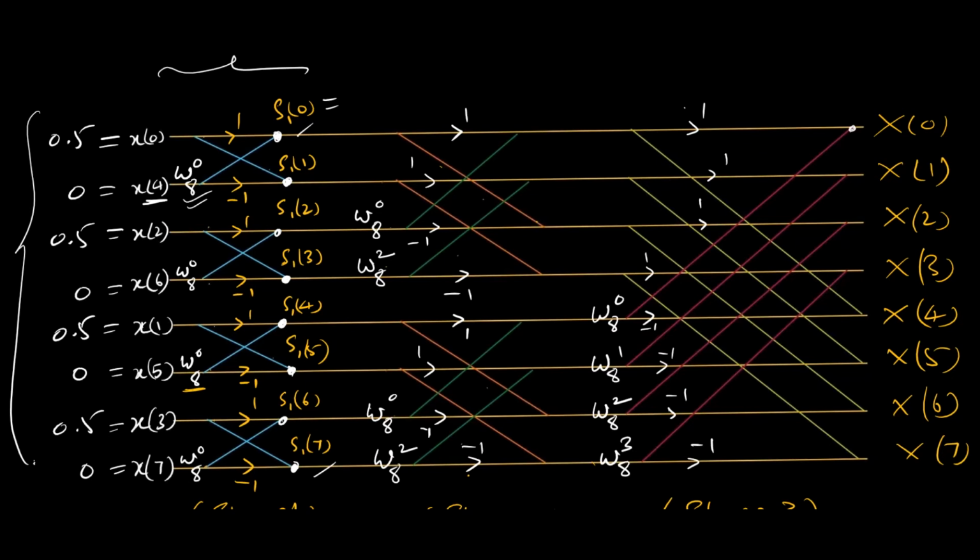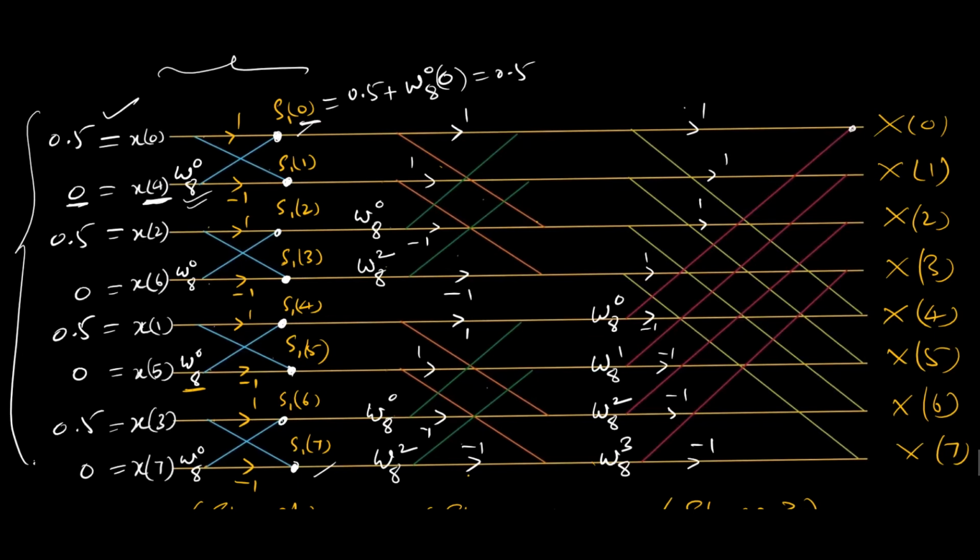On the upper side of the butterfly, my first sample in the pair, that is 0.5, will get added with the second sample multiplied with the twiddle factor. What is my second sample? 0. So S1 0 will be 0.5 only.